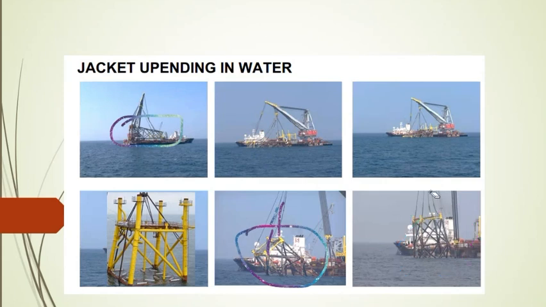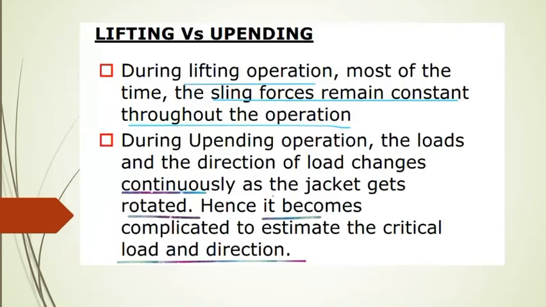Here the top slings are not taking much load. The bottom two are taking more load, and below also it will be taking more load. Since it's getting rotated, it will have different loads at different stages of operation. So it becomes complicated to estimate the critical load and direction.